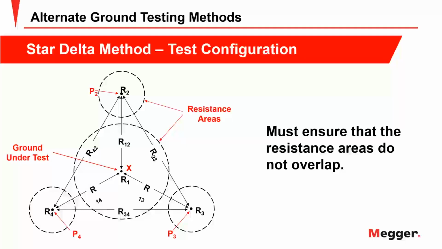So you're going to set up your configuration this way, and you're going to do 2-point measurements, and you're going to do all 6 of the 2-point measurements that we see here. So you're going to measure between each of your 3 remote probes and your test ground. So that's 3 of your measurements. And then you're going to measure between the 3 test probes.